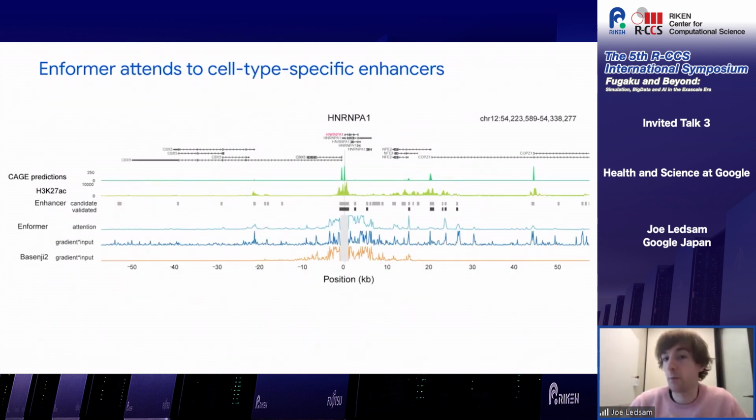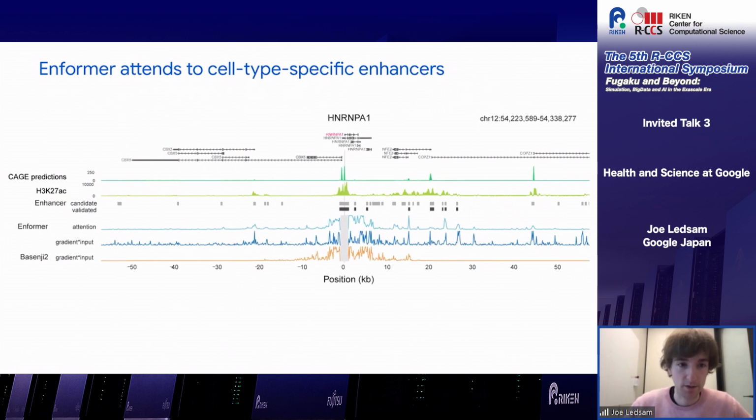We can also look at what parts of the input data the model is paying attention to. Particularly for genes with CRISPR validated enhancers, we can show that the model attention correlates with this epigenetic modification.